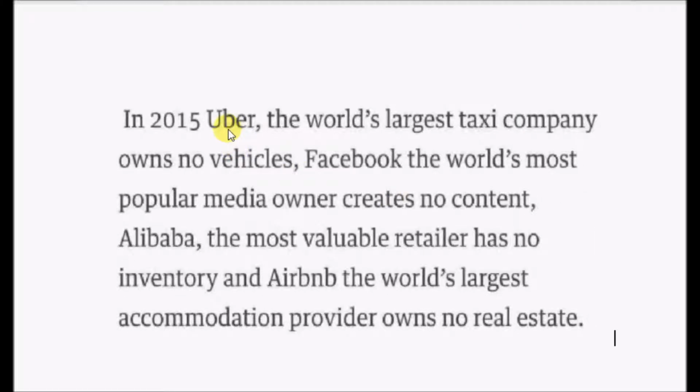If you're familiar with Uber, one of the largest taxi companies in the world, they own no vehicles. Basically, they are following this deployment model. Facebook, a large social media company, is actually using people that have Facebook accounts to create content for them so they can make money. It's a deployment model, except they're deploying you, they're deploying me, and we're making money for Facebook.